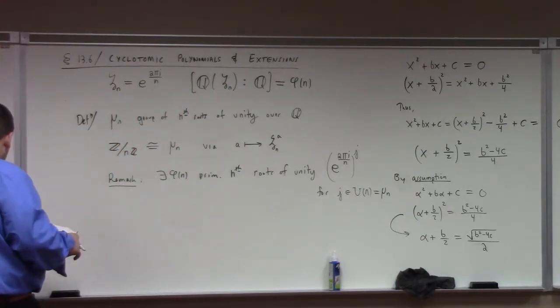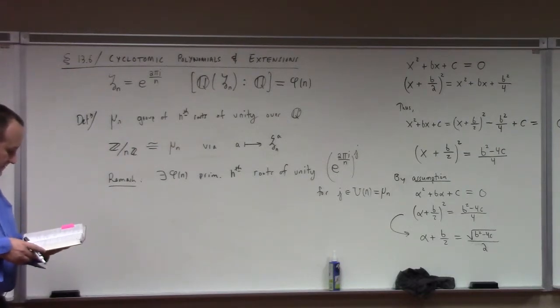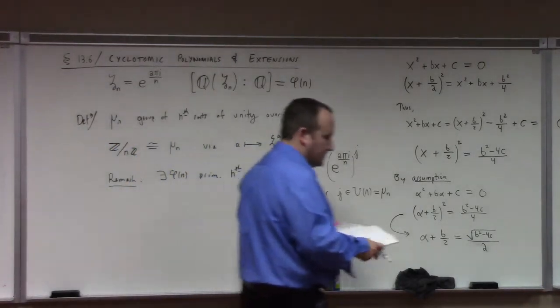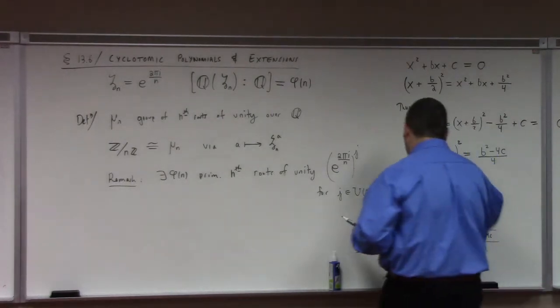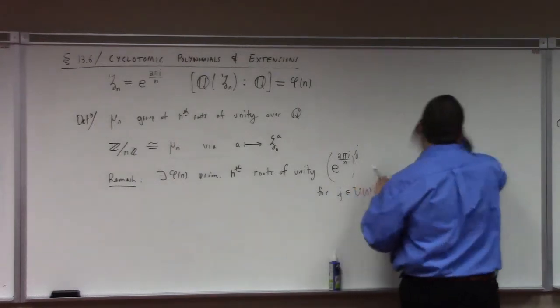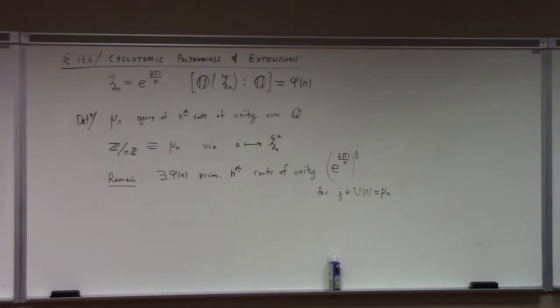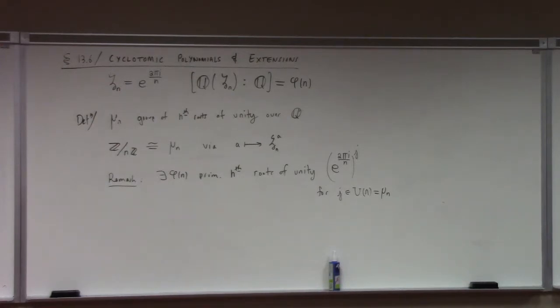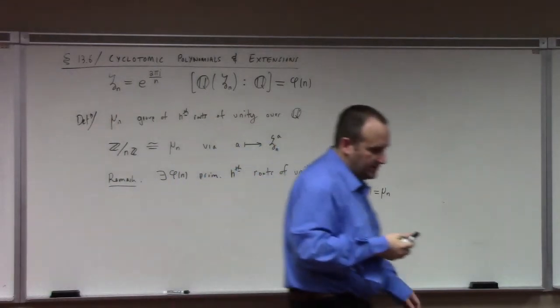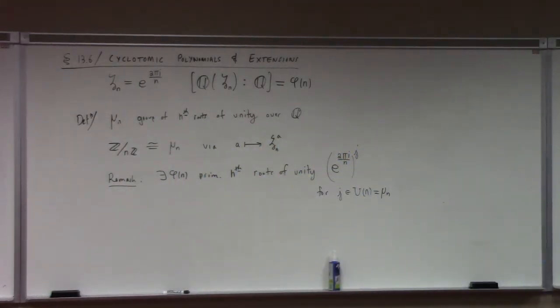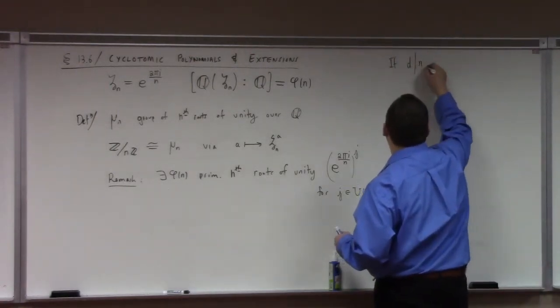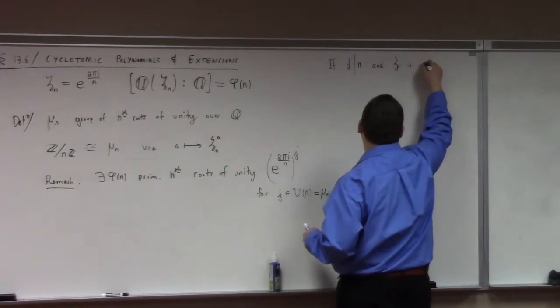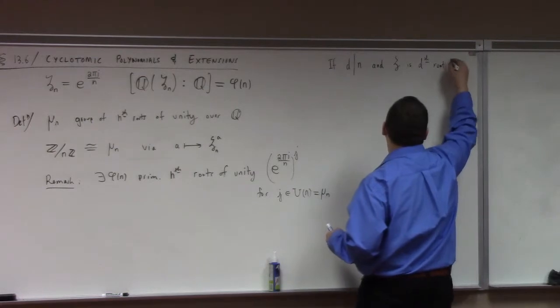Okay, great. He says, if d is a divisor of n, and zeta is a dth root of unity, what does that mean?